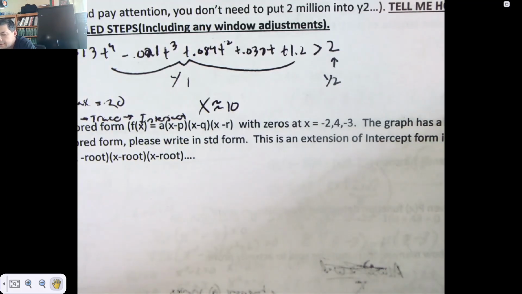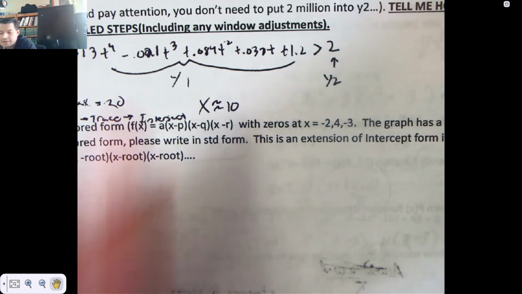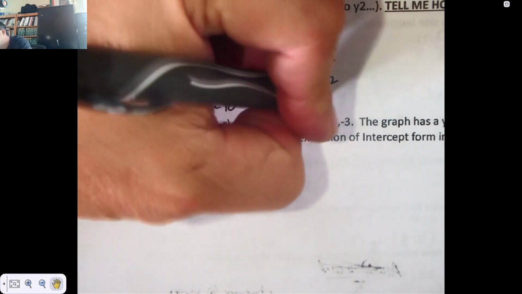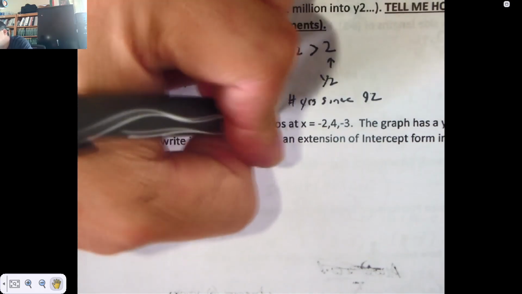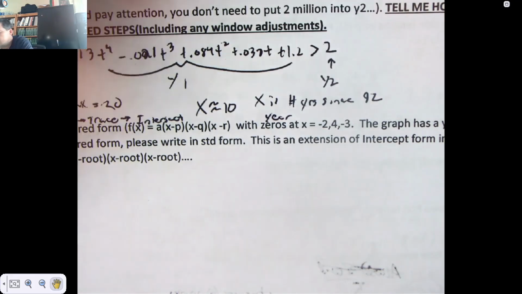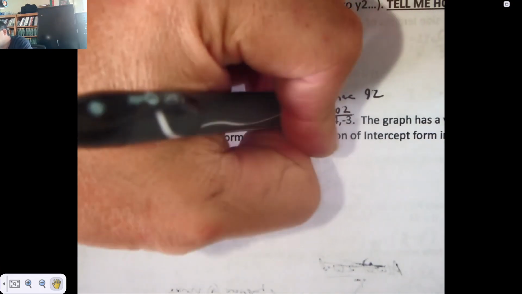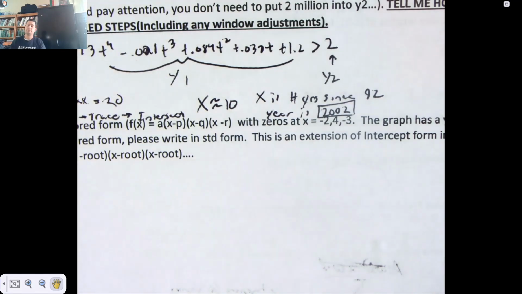All right, now it talks about T, or in this case X, is the number of years since 1992. So the year, since X was roughly 10, is sometime in 2002, because 92 plus 10 is 2002.